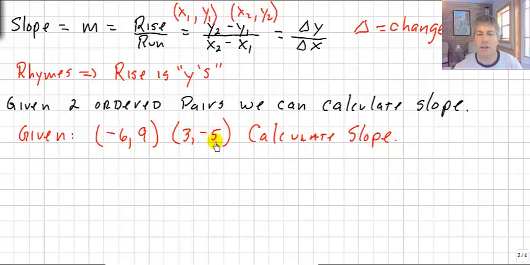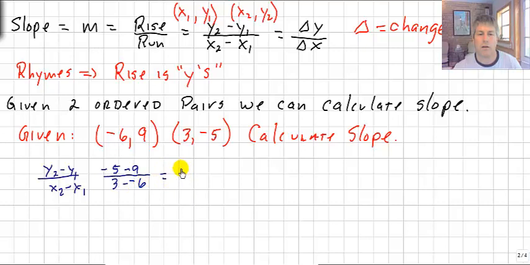We simply take our y coordinates and subtract one from the other. So starting with our y's, I take negative 5 minus 9. So let's go ahead: y2 minus y1 over x2 minus x1. So negative 5 minus 9, all divided by 3. I have to go back to that same ordered pair: 3 minus negative 6.